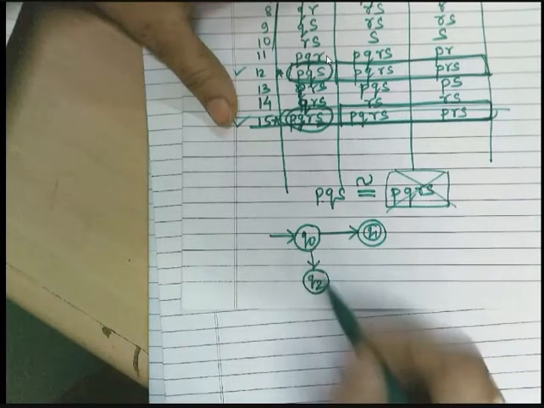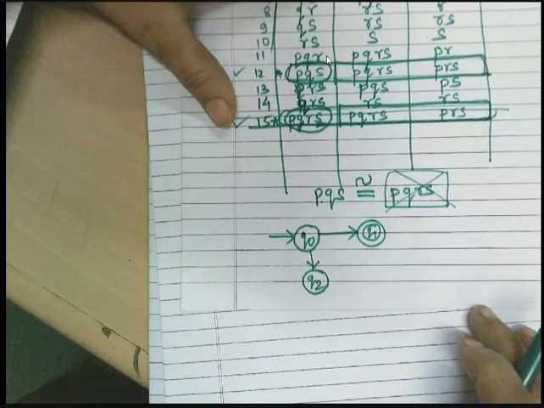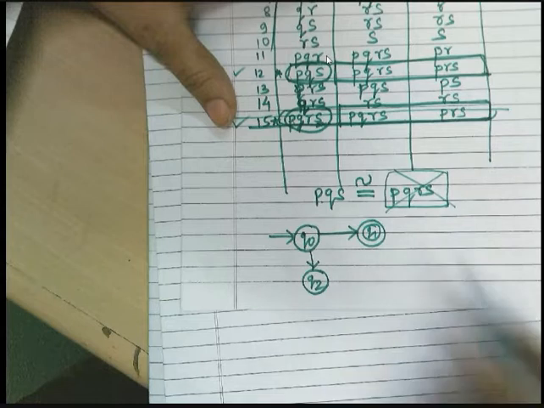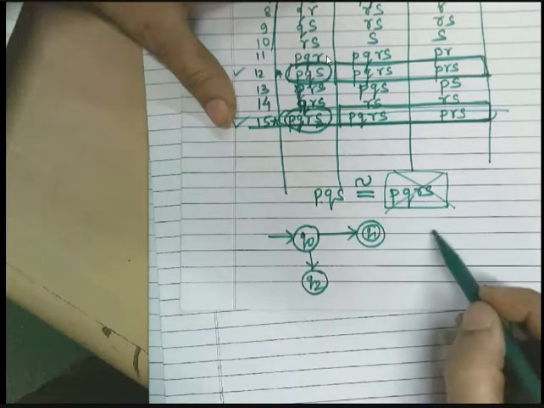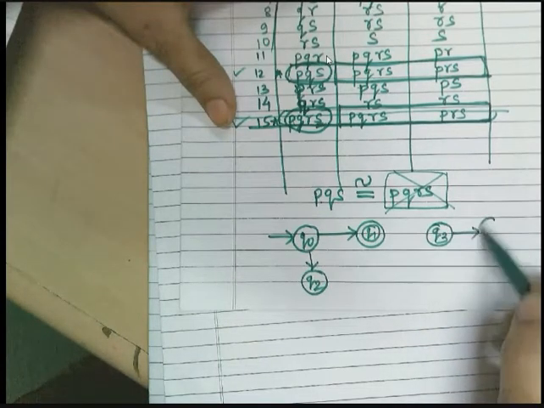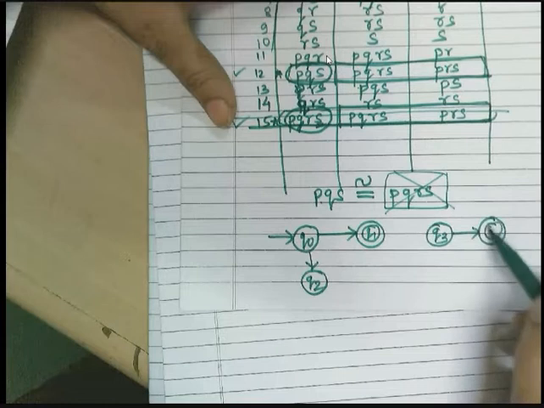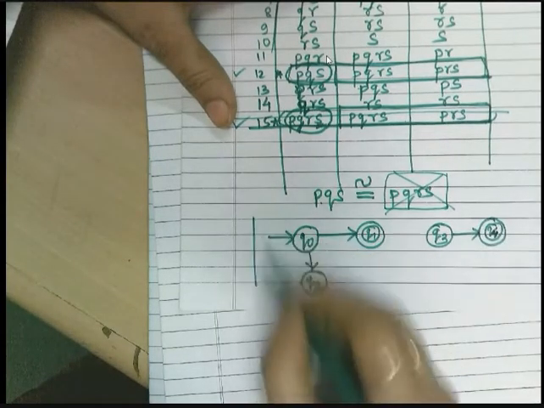Now similarly, what is the meaning of unreachable state? If you are having any network break, suppose again there is a Q3 state and there is a final state Q4. Now all of these are part of the same DFA.